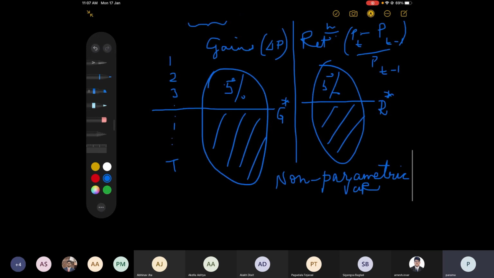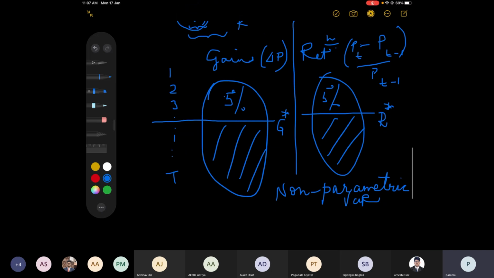The other thing we can do is fit a distribution, assume a distribution. We should always remember that nobody in the world has told us which distribution gains or returns follow. In fact, it may not follow any known distribution. It can be just a God-knows distribution, if there were such a distribution.